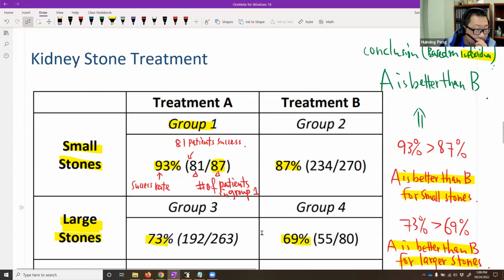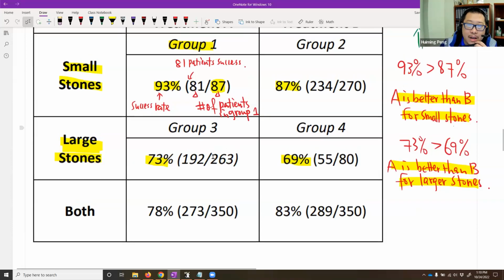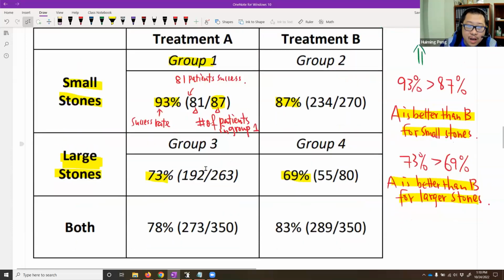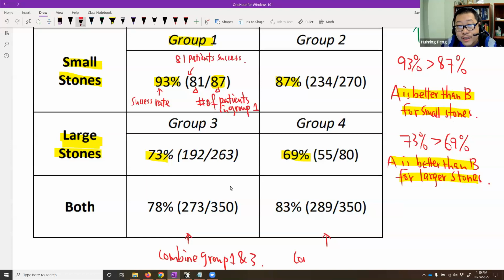Are you here, everyone? Does this make sense to you? Then we look at the overall, we just put the data together. Can we do a calculation by ourselves, everyone? I look at group 1 and group 3, and this box is just a combination. I combine group 1 and group 3, and put them together.